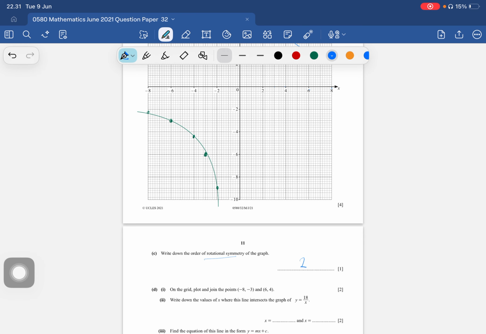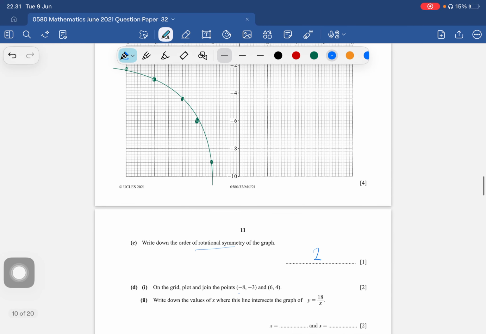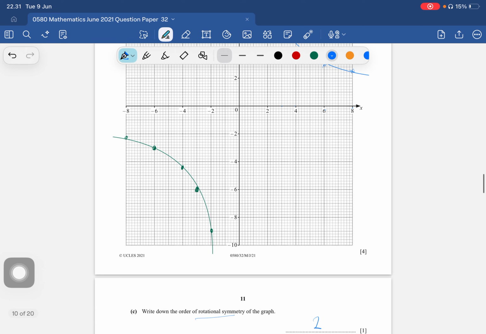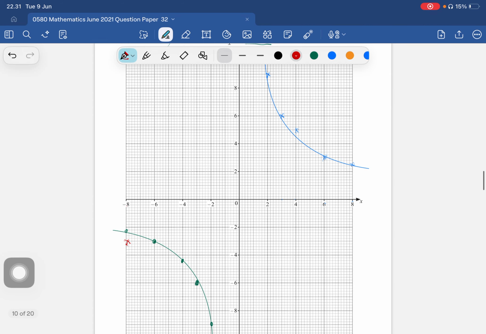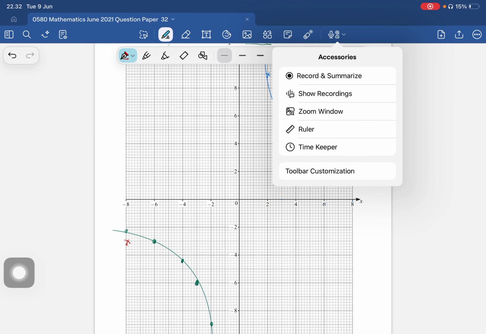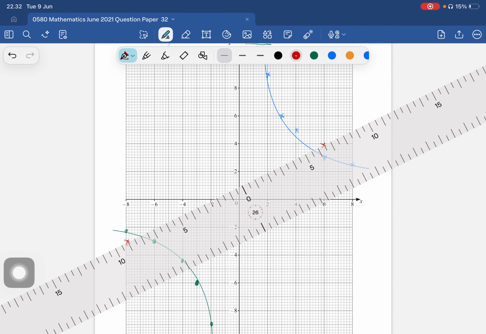On the grid, plot and join the points negative 8, negative 3 and 6, 4. Let's connect them using a ruler. Join these two points.